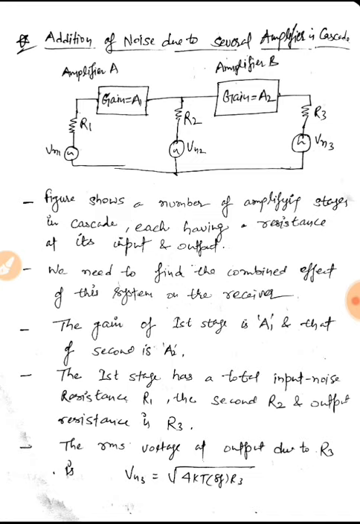So the RMS voltage at output due to R3, as we have already seen, the noise voltage due to this resistance would be under root 4kT delta f into R3.